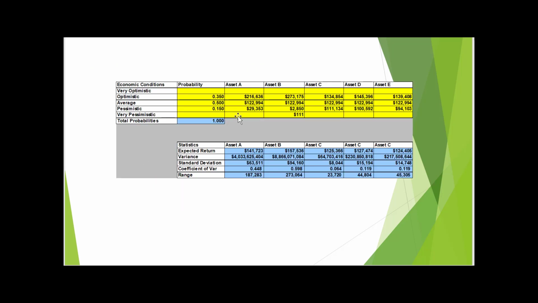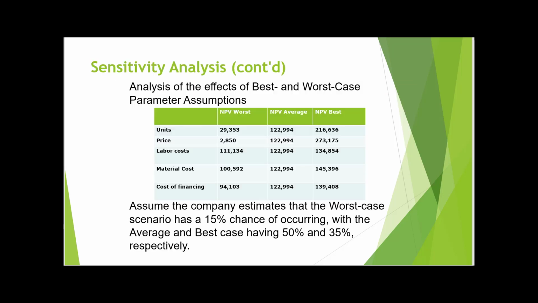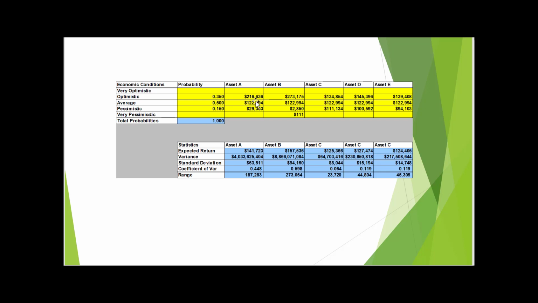That was based on units. What is the expected net present value and the risk of this project? Based on these values, the expected net present value is 141,723. As you look across this, net present value is positive the whole way across, so the project's going to be done. But we do need to understand something about the riskiness.